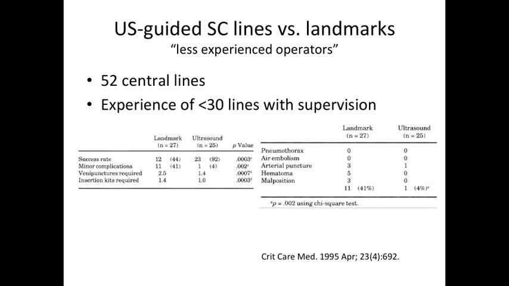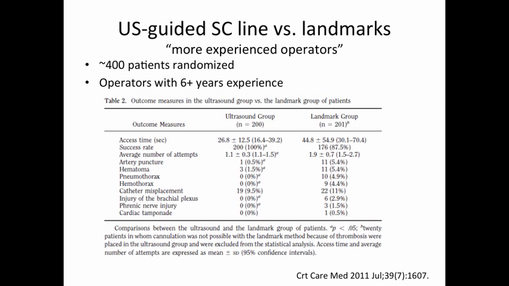And so, again, the argument is that these subclavian lines are so easy, you may not need to use it, particularly if you're experienced and you know how to do these. And so this was a second study in which they studied, quote-unquote, more experienced operators. So these were all folks who had been doing lines for at least 6 years, and they randomized about 400 patients for this study.